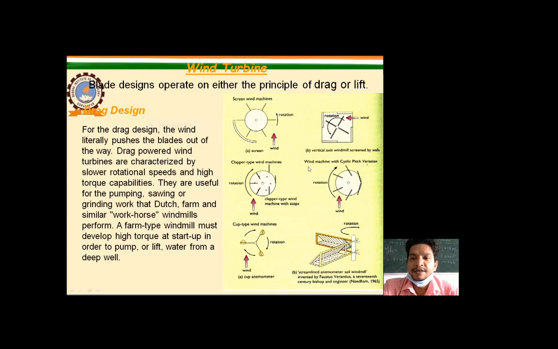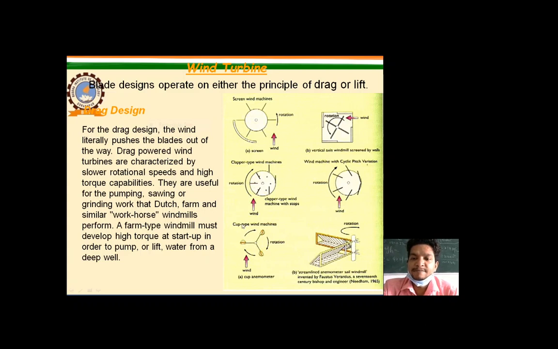Now the next figure is figure B, and figure B represents a vertical axis windmill that is screened by walls. The vertical axis windmill is allocated over here, and the rotation takes place in this way. While the wind flows in that direction, the rotation will be forwarded in this sense, and this whole diagram represents a wind machine with cyclic pitch variation.